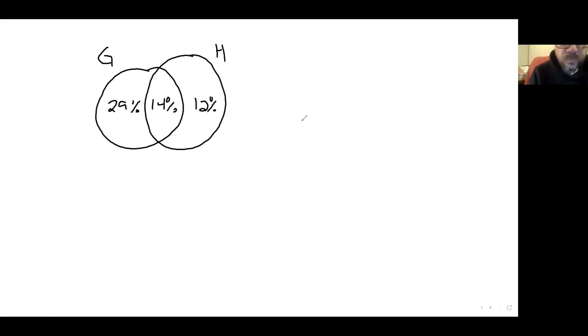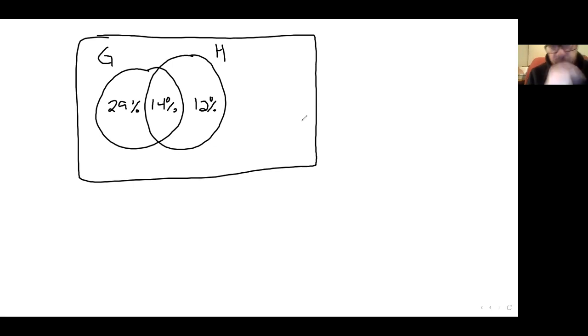All right, so let's draw my little box, and then that leaves some other stuff out here. So this is 43 and 12 is 55%. So that leaves 45% out here, just languishing. That's not in either one. All right, and so from here, I bet we can probably do this really easily.